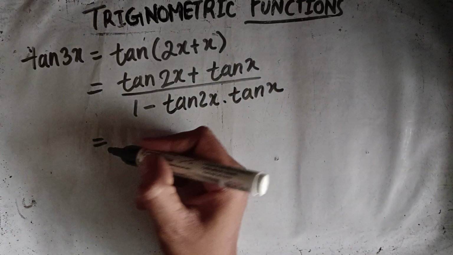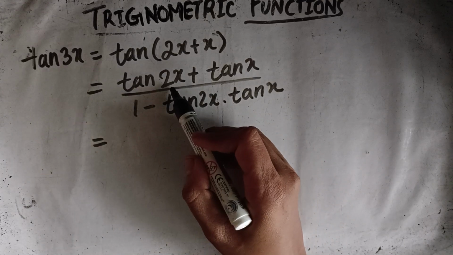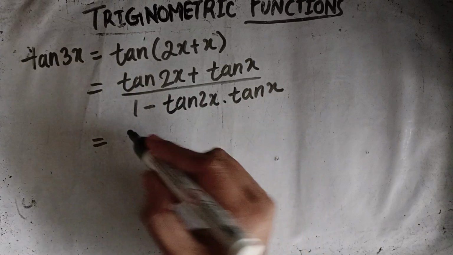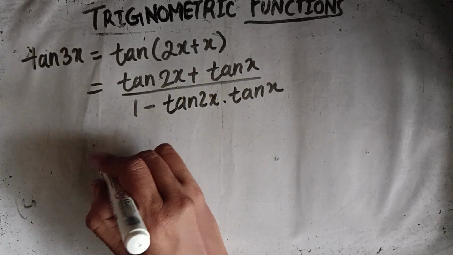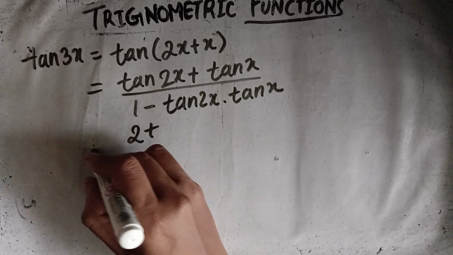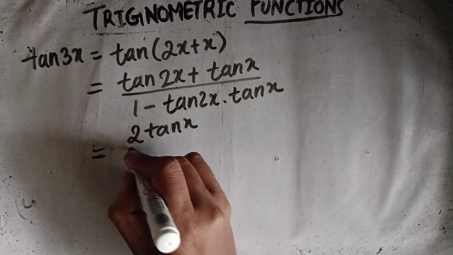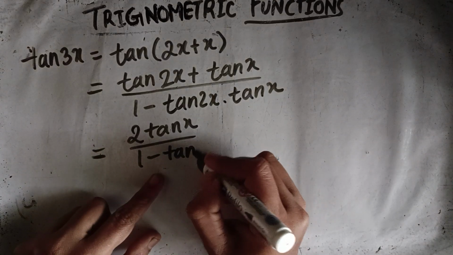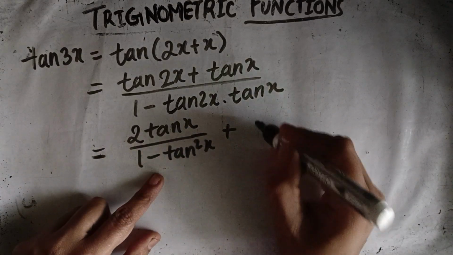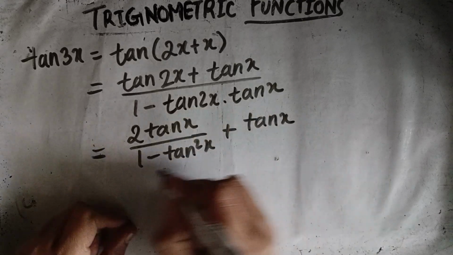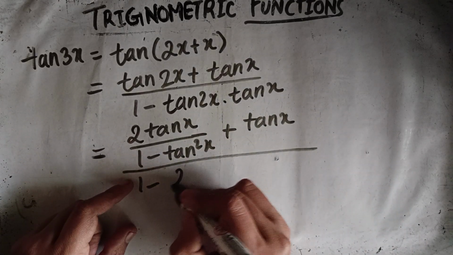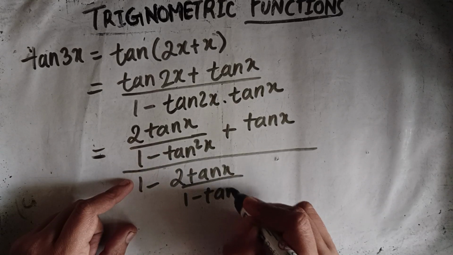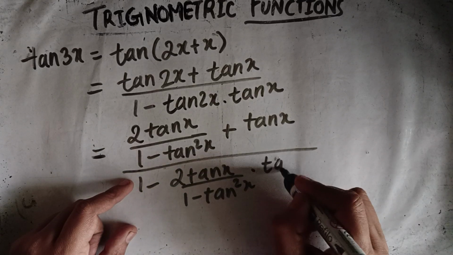Okay. Now in place of tan 2x, you have to substitute the formula for tan 2x, that is the identity 2 tan x upon 1 minus tan square x, plus tan x, on 1 minus 2 tan x on 1 minus tan square x into tan x.